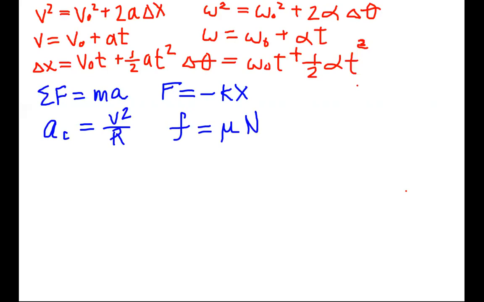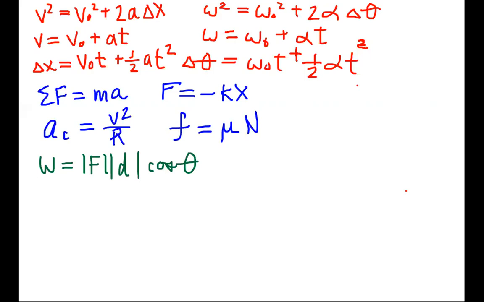Along the same lines, we have work. So work is equal to force times distance times, I believe it's cosine theta, right, Josh? Right, and that theta is the angle between the force vector and the distance vector.